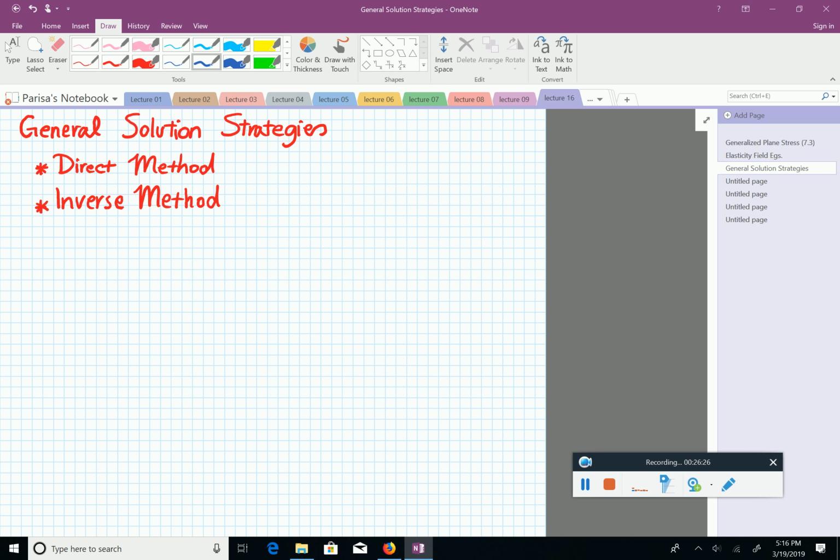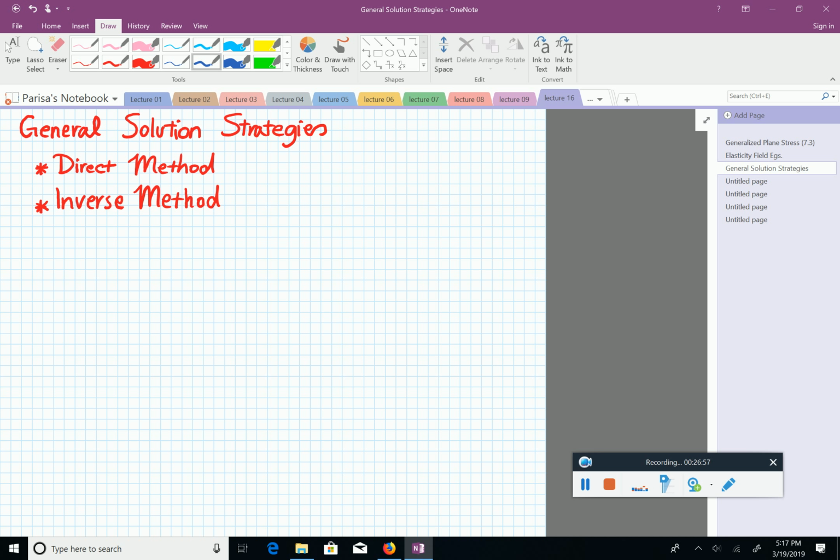And these are very strange. So you first find some stress fields, and then you make sure that they satisfy the equations. And once you have them, you start looking for a problem that can be solved with those solutions. That's why they are called inverse methods, and they are not as logical as the direct method that I told you.